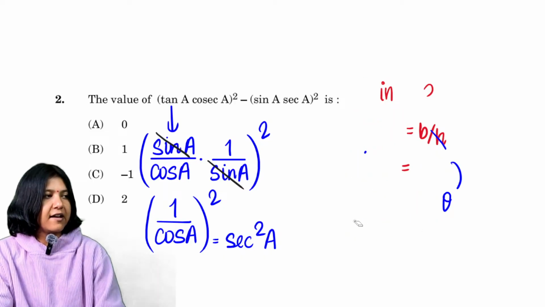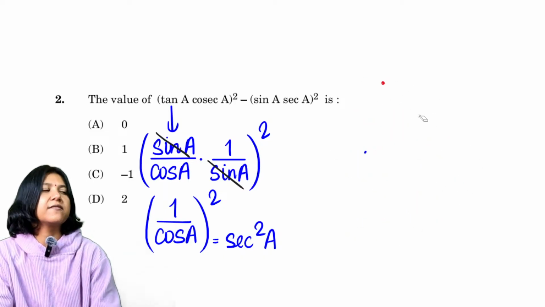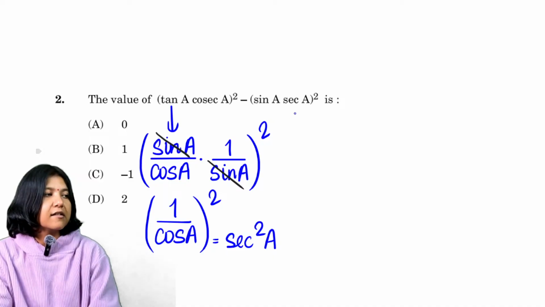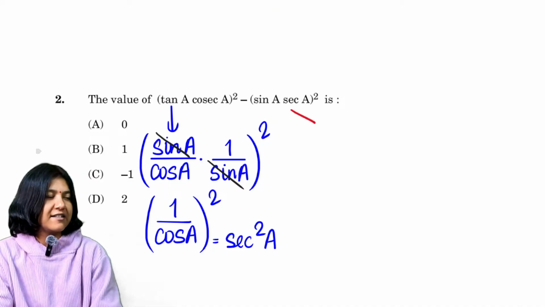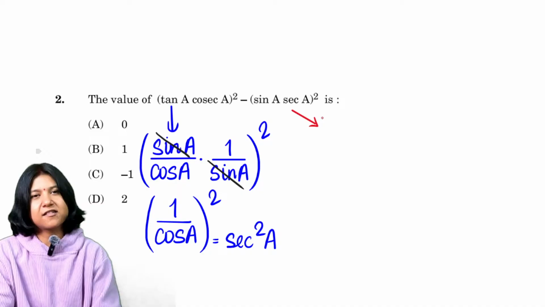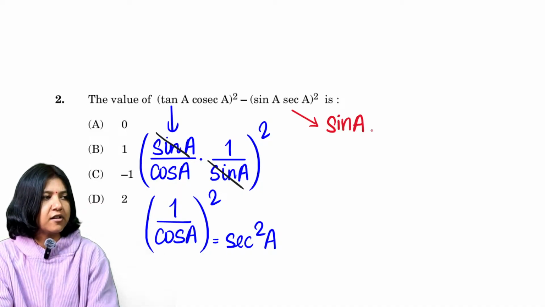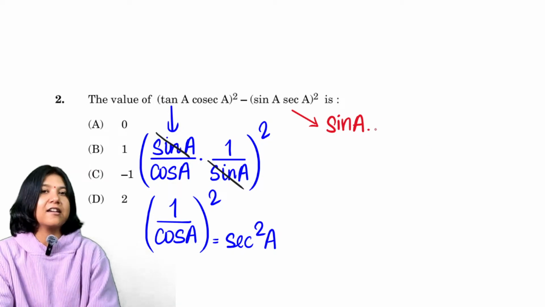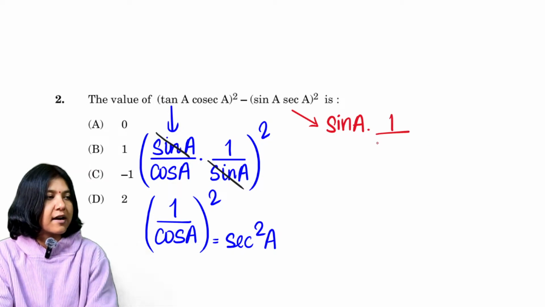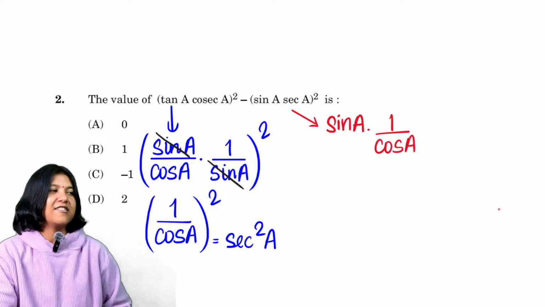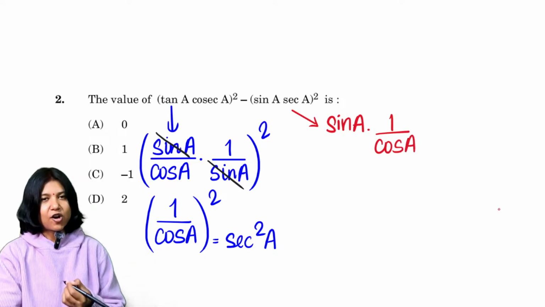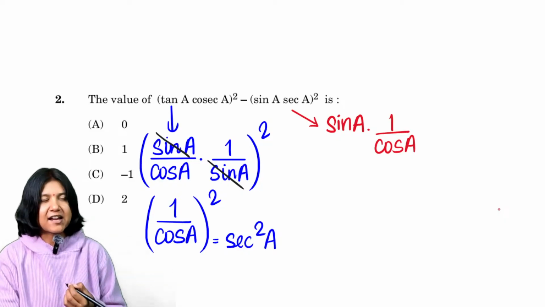Now, if I try to simplify the second bracket likewise, I can do it by writing sine A. Sine A is already the simplest trigonometric ratio we have, so I don't think I have to do anything here. While sec A can be written as 1 by sine, sorry, my bad, 1 by cos. The reciprocal of cos is sec, the reciprocal of sine is cosec.